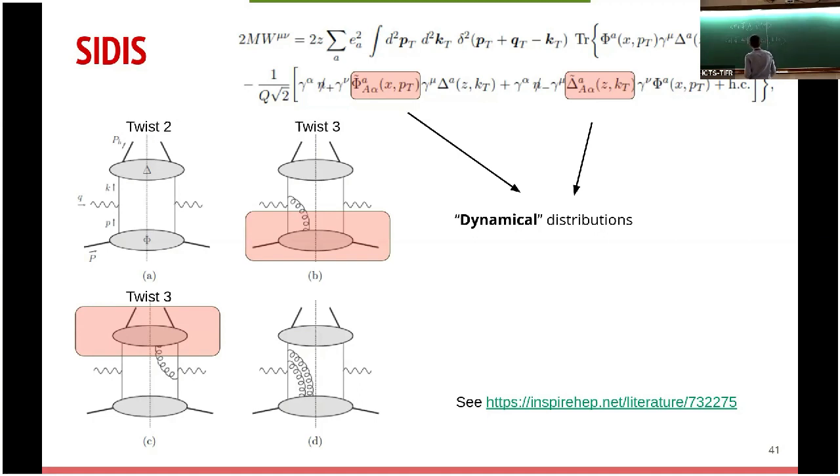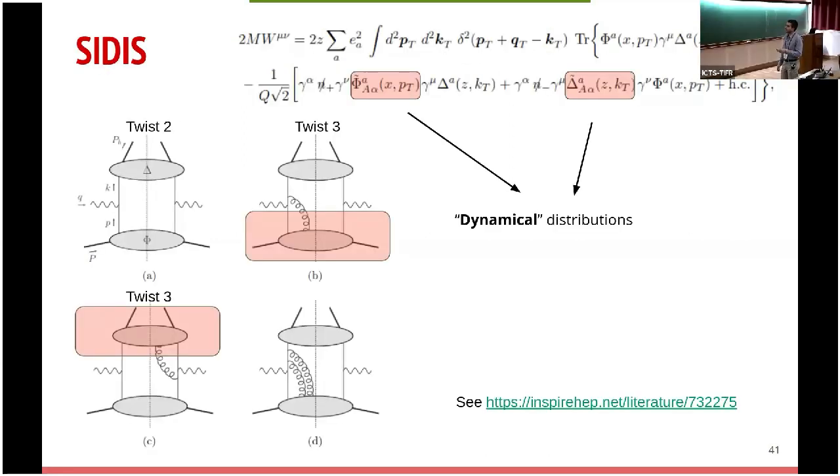So compared to the twist 2 case, you have the insertion of a gluon. Okay. So the description of these matrix elements in terms of parton distribution functions or fragmentation functions is more complicated because you have another field, basically. And with this other field, you can have richer Dirac structures or Lorentz structures if you're considering gluons.